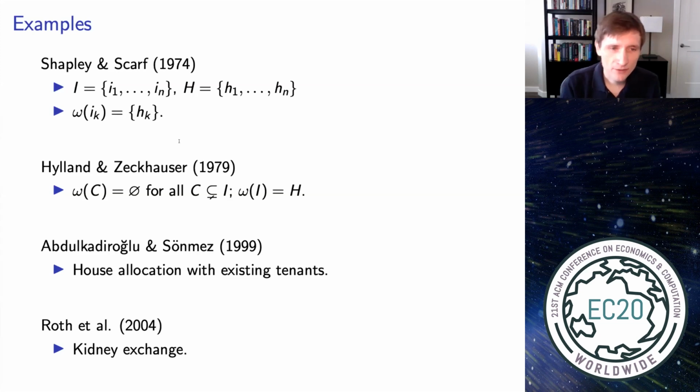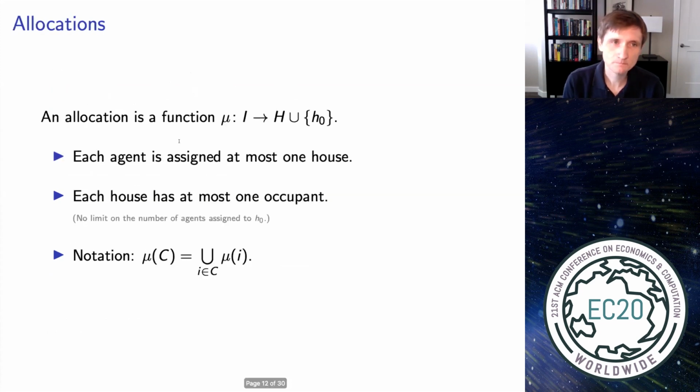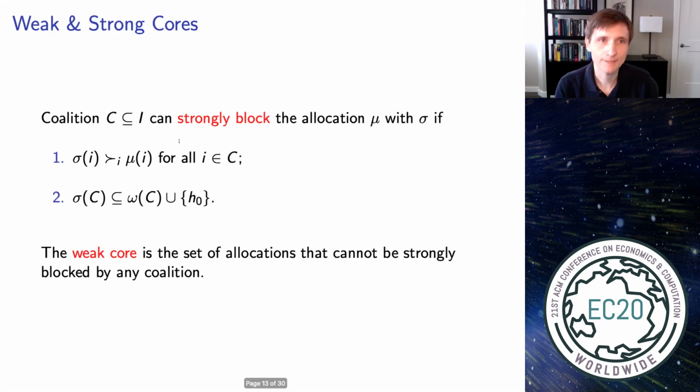The model of house allocation with existing tenants, of course, is a special case of this model, as are various models involving kidney exchange, et cetera. So it covers a broad set of cases. An allocation, of course, will just assign agents to houses, and houses cannot be shared, and each house has at most one occupant.